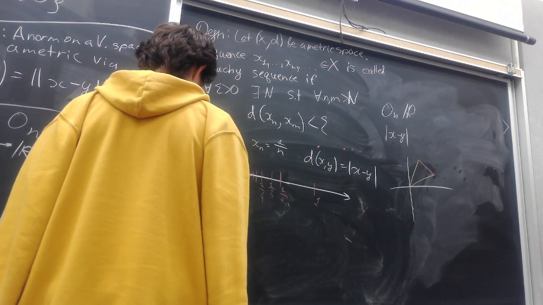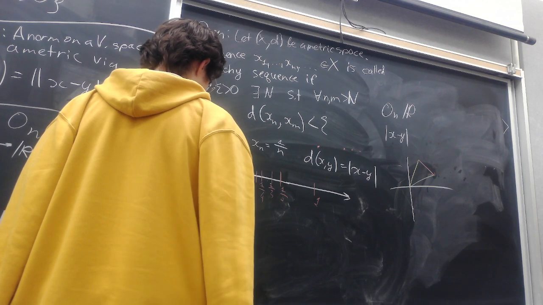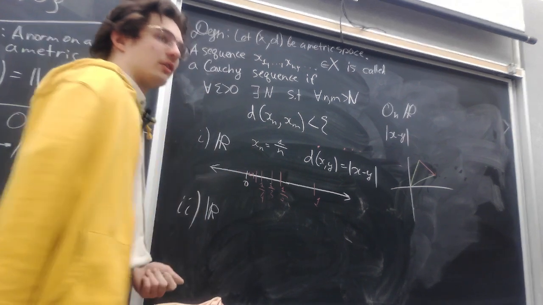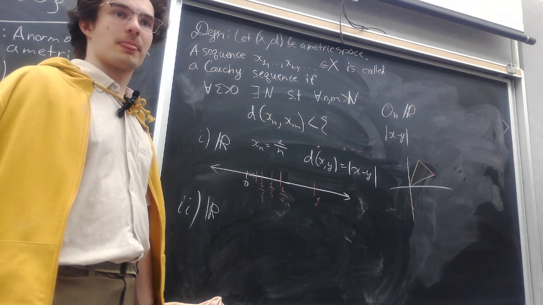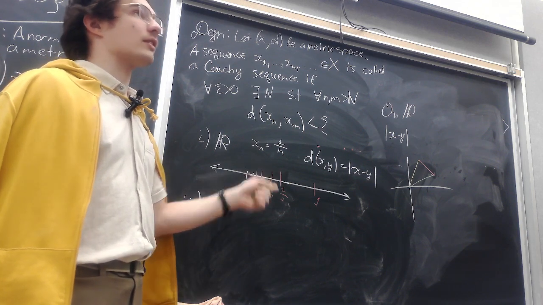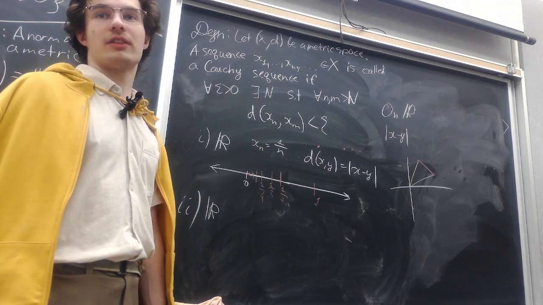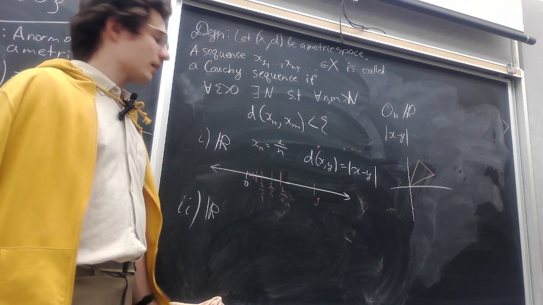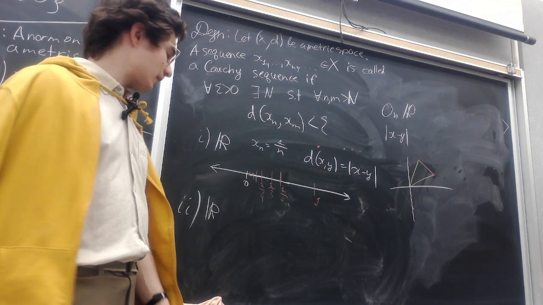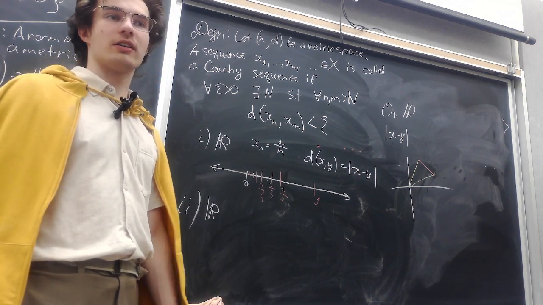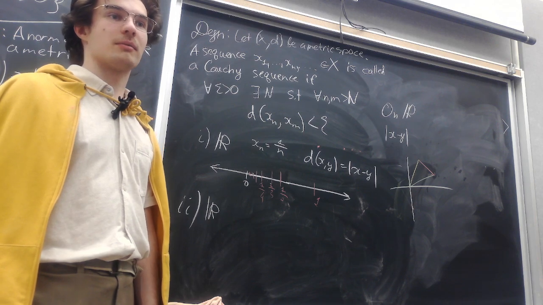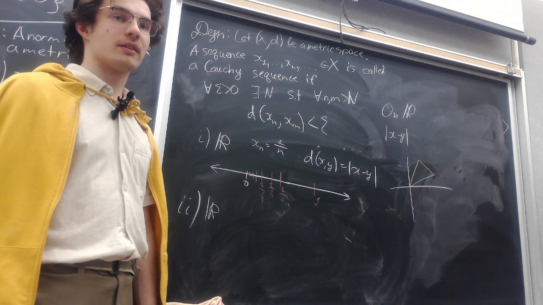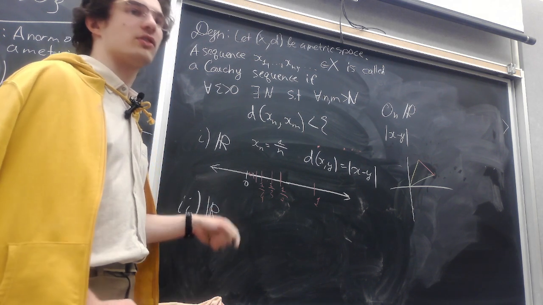However, now let's look at the following example. I'm going to take R, but what am I going to do to it? I was asking you, do Cauchy sequences always have a limit? Here the limit was 0. So now instead of looking at R, I'm going to look at R without 0.